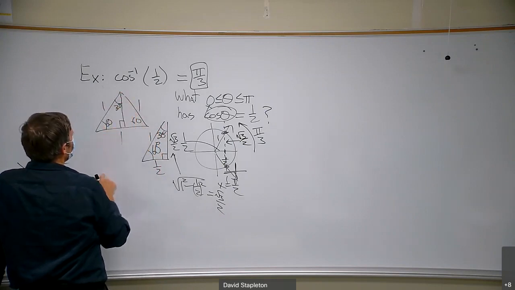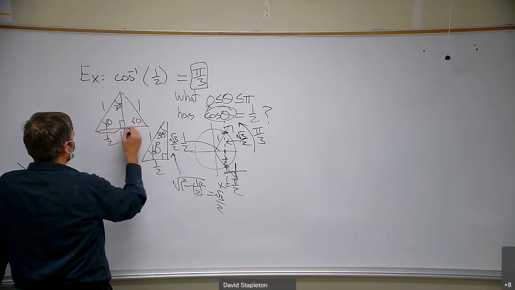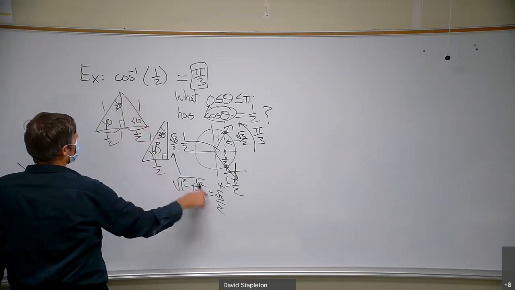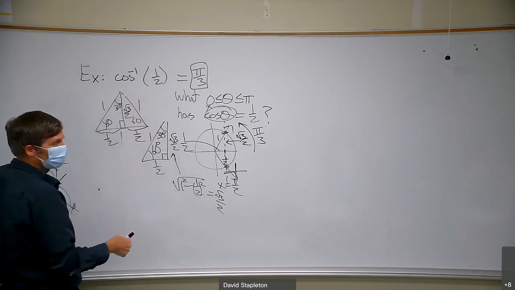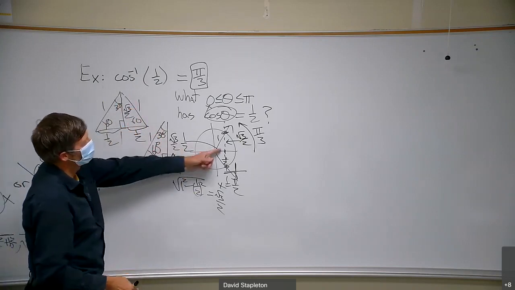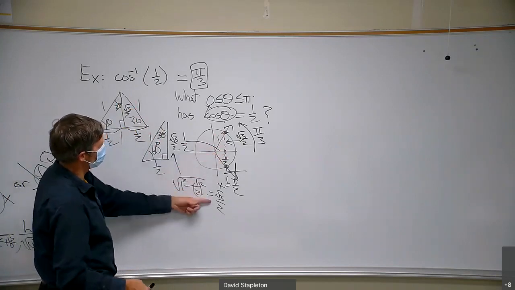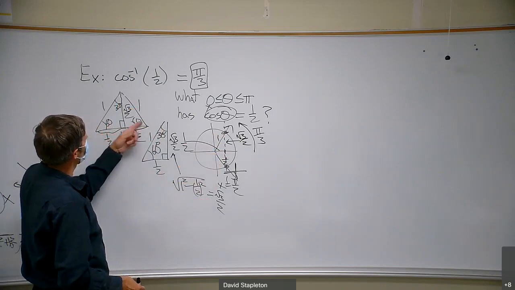Then by symmetry, this must be a half. This must be a half, right? And then the Pythagorean theorem forces the other side, the height here, to be square root of 3 over 2. That's the proof of it. And then you memorize this triangle and that it goes in here. So when you see 1/2 and 1, you automatically know the last side from doing the Pythagorean theorem before. You already know the 60-degree angle from this proof.